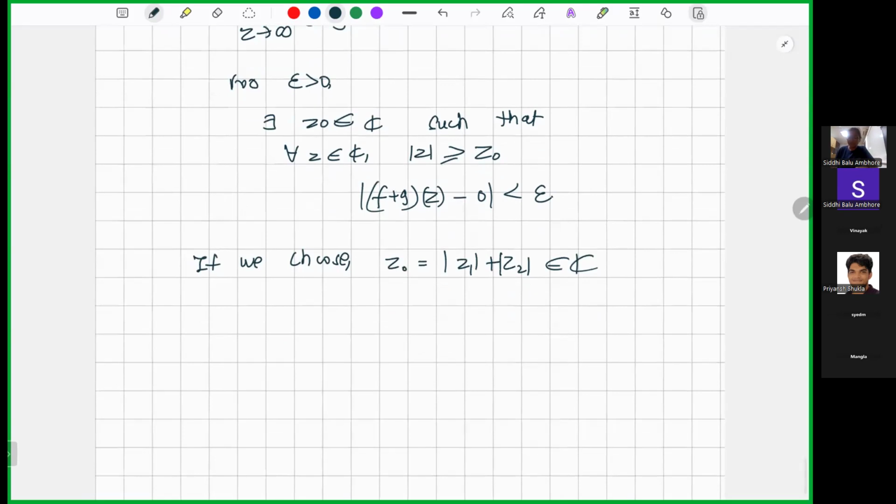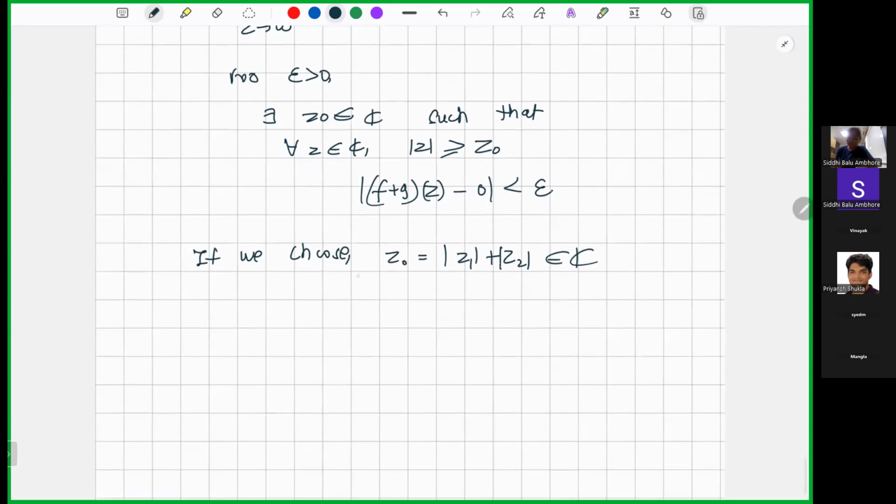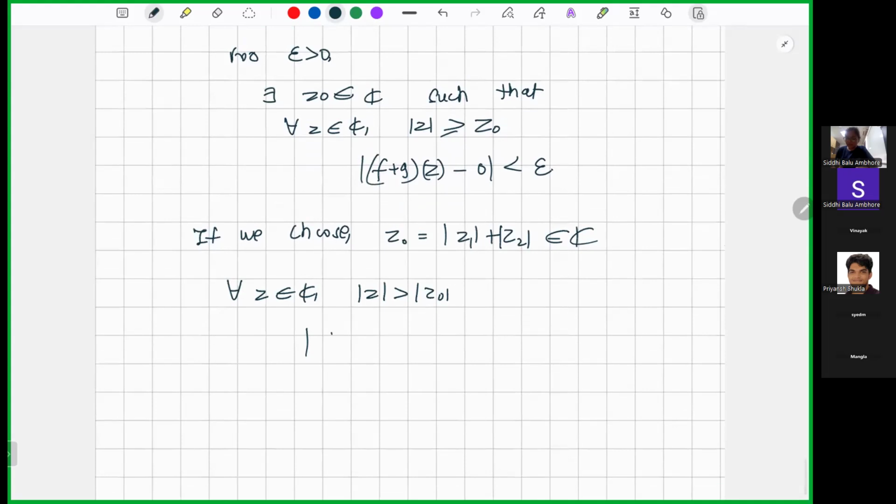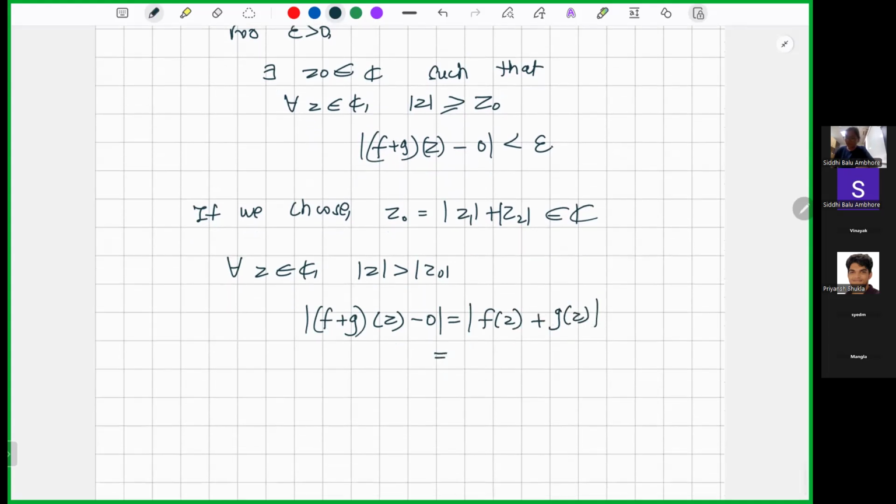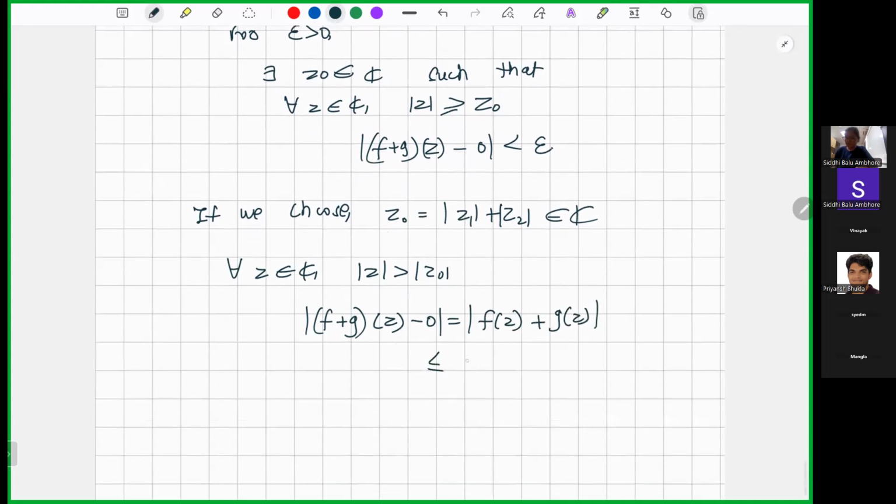And if I take this, then for all z in C with |z| greater than this z naught, understand that this is f(z) plus g(z) minus 0.